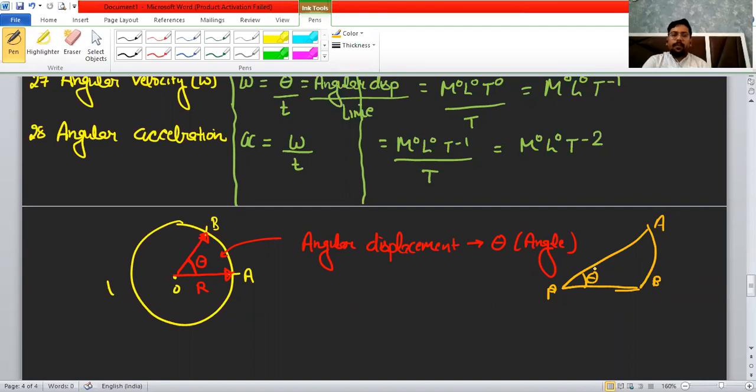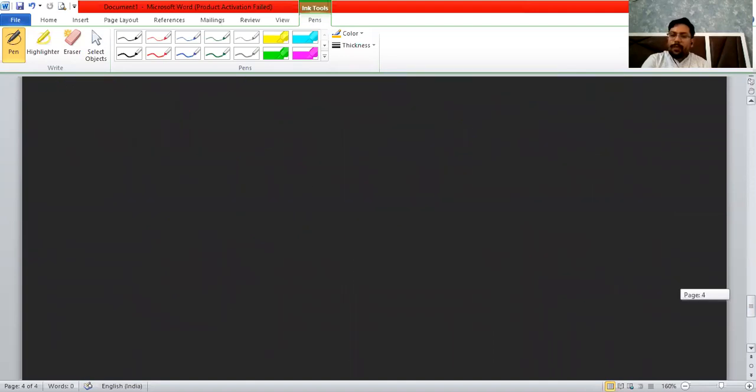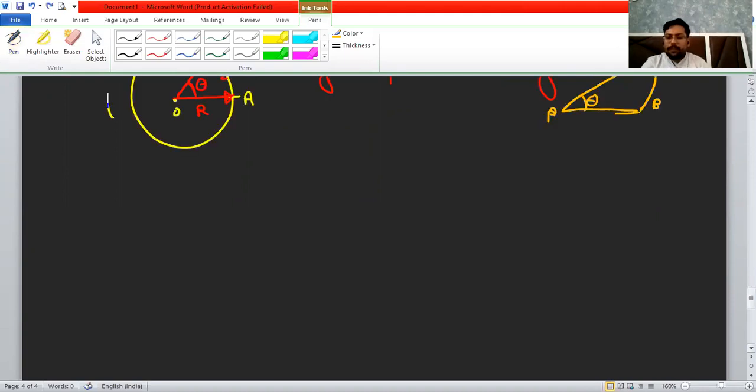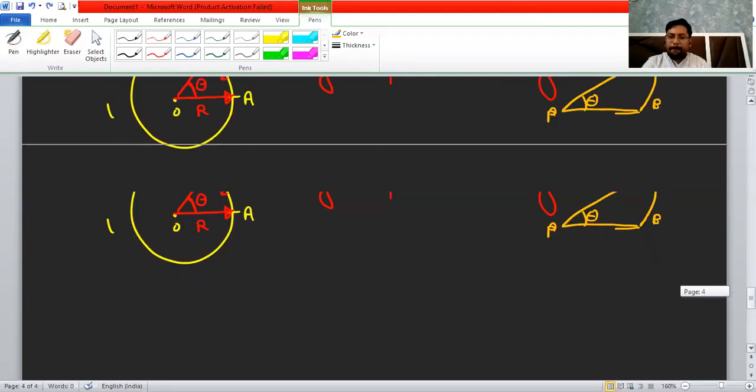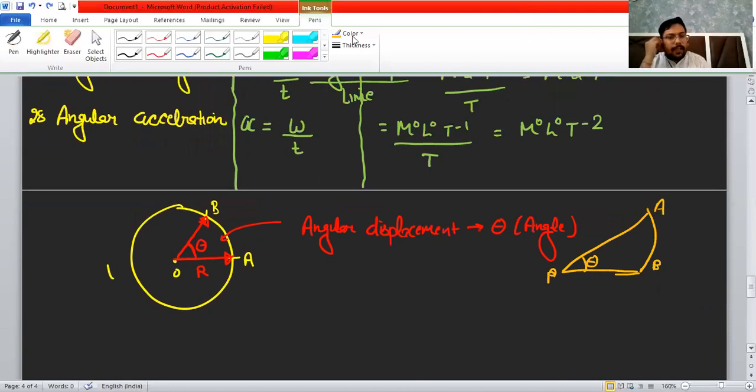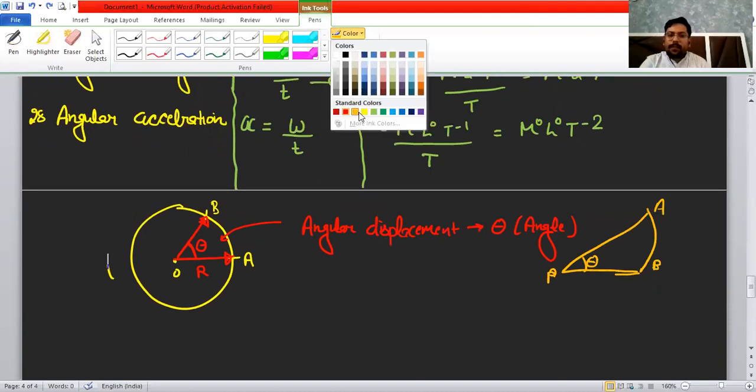Okay. And sir, angle and solid angle have the same dimensional formulas? No. Solid angle and angle, both are dimensionless, as it is m0 l0 t0. Similarly, solid angle is also m0 l0 t0, like you can see in this diagram. See here, solid angle is subtended by a surface.